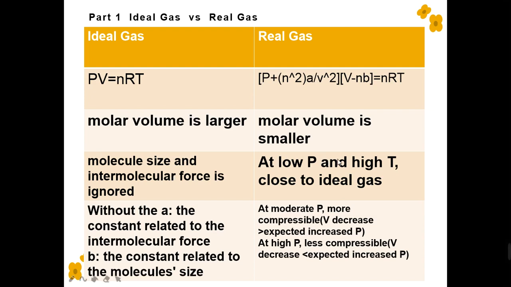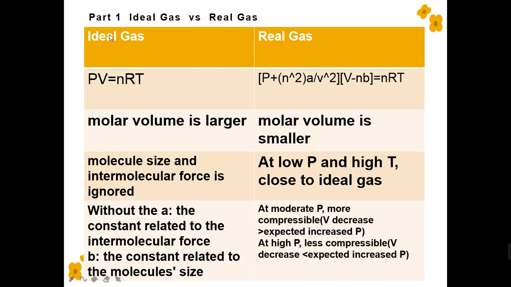In real gas, at low pressure and high temperature, the gas is close to ideal gas. At moderate pressure, the gas is more compressible: the volume decrease is more than expected from the increased pressure. At high pressure, it is less compressible: the volume decrease is less than expected from the increased pressure.